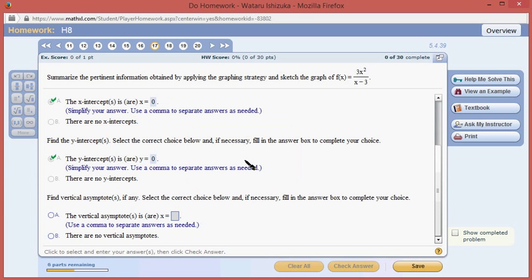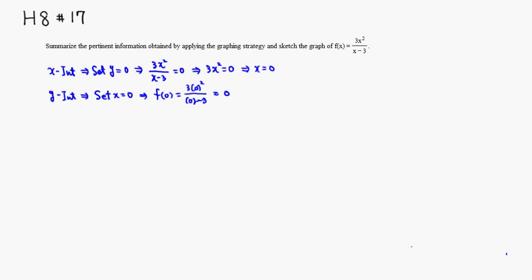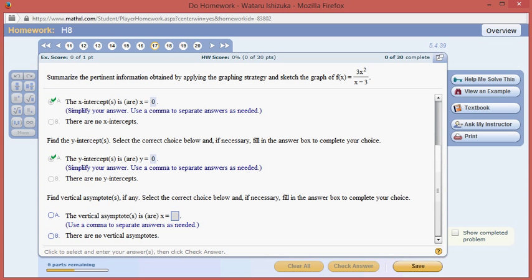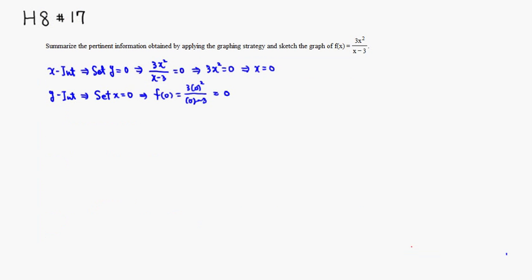Alright, then we want to find the vertical asymptote. A rational function will have a vertical asymptote when the numerator is non-zero and the denominator is 0. So we set the denominator equal to 0.